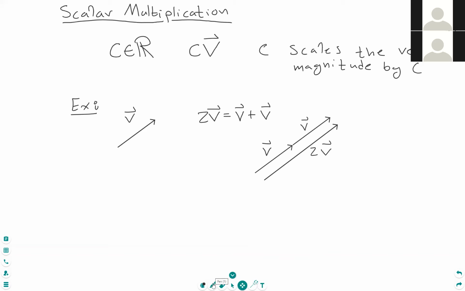So now let's imagine that I wanted to look at a negative v. Well, negative v, I'll try my best to draw this, is the same magnitude of v, but pointed in the opposite direction. So let's move that over here.